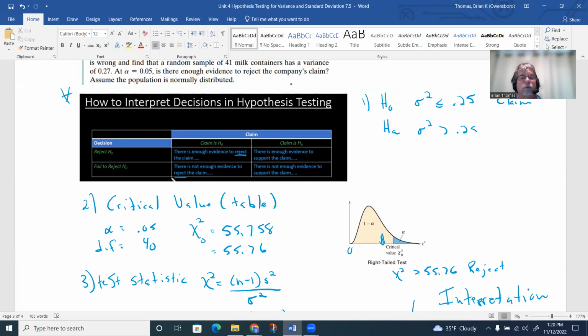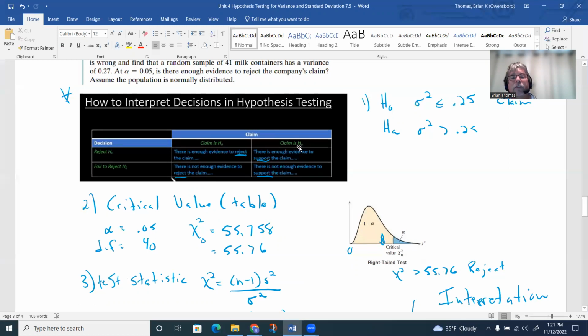Notice how reject goes with the claim. For the alternative hypothesis, notice how the word support shows up each time. So it depends on where our claim is. If our claim is the null hypothesis, we're going to be using the word reject.